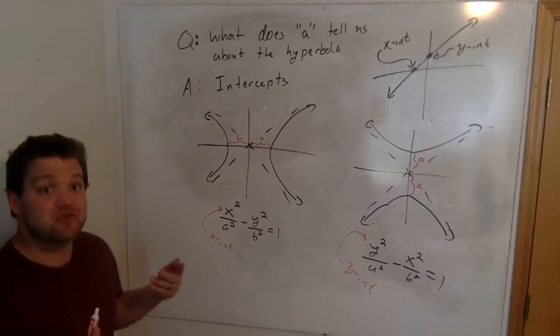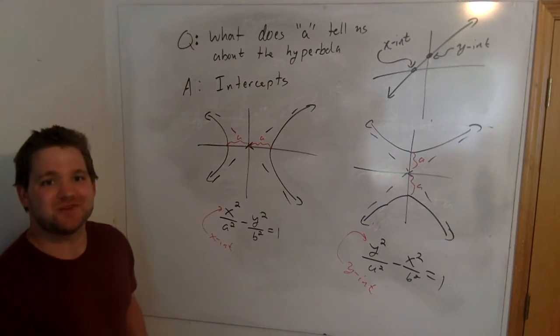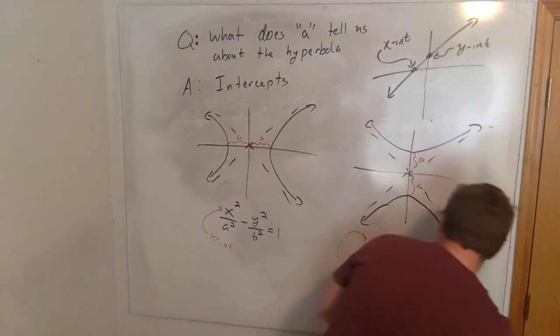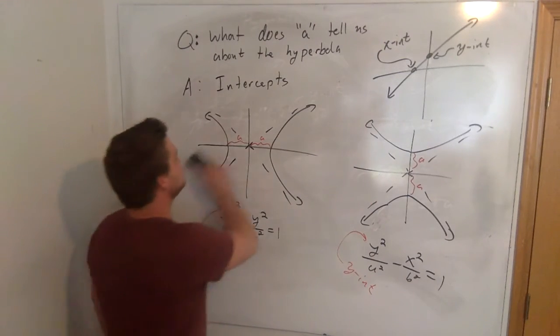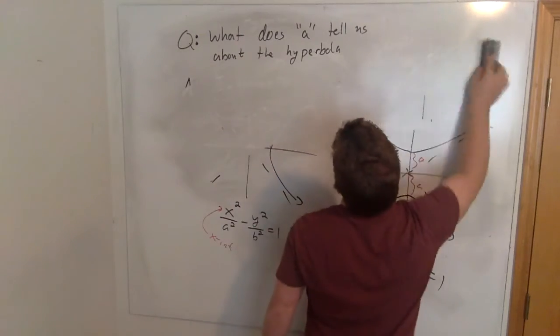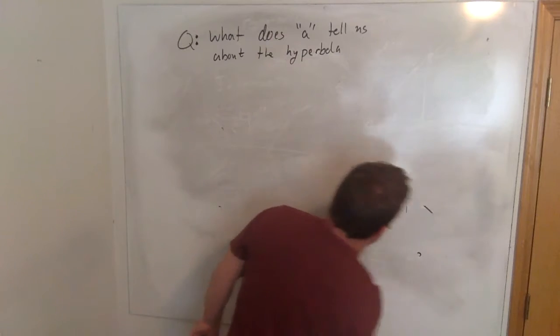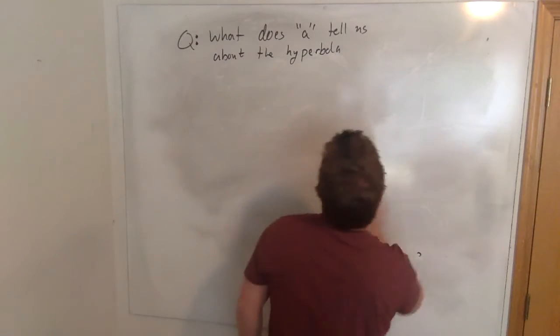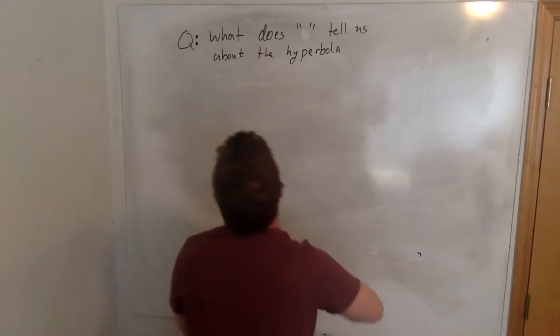Okay, so that answers our first question, how we know what the orientation is and what the a value tells us. Now the big question here is, what does the b value tell us? That's the big mystery. We're going to get a lot of good information out of this.